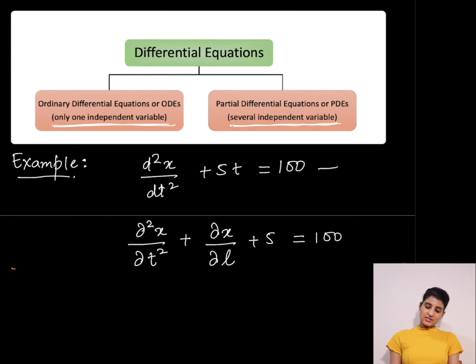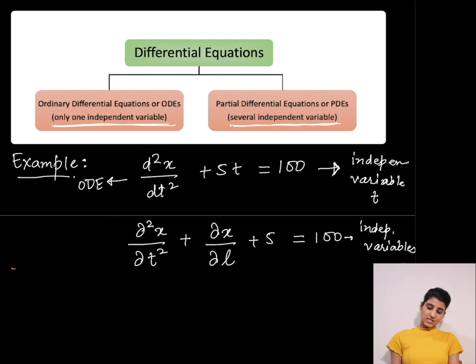In the first case, our independent variable is just t. So this is an ordinary differential equation, which we also denote by ODE. In the second case, we have two independent variables, t and L. So this is a partial differential equation. So this is how we classify ordinary and partial differential equations.